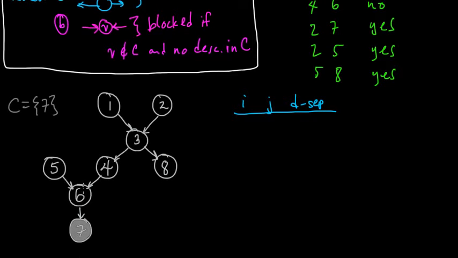Okay. What about this one? This is the only other head-to-head, I guess. And this one, it's the same situation. A descendant of 6 is in C, so it's not blocked, so we don't put a stop sign. So there's no stop sign.